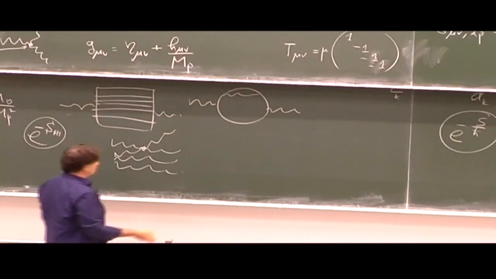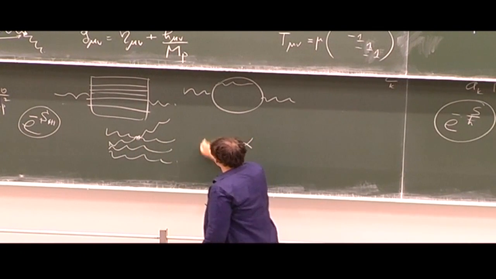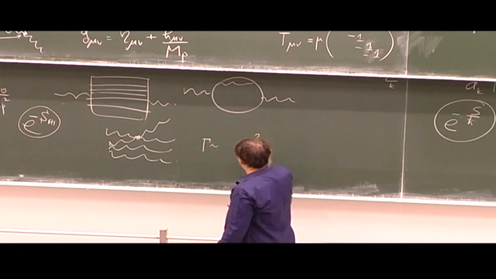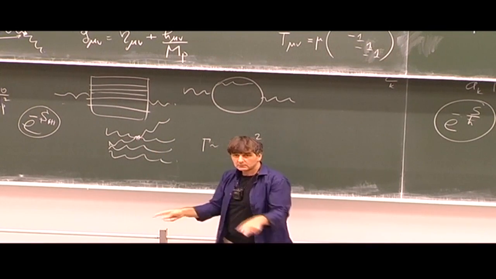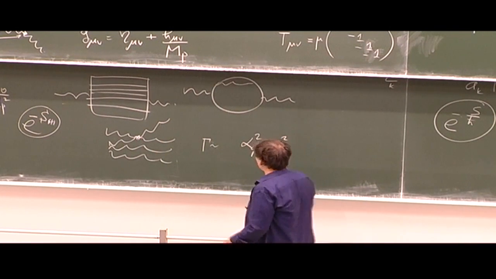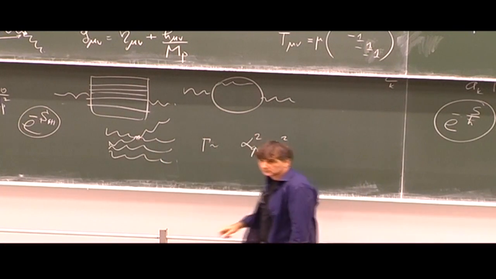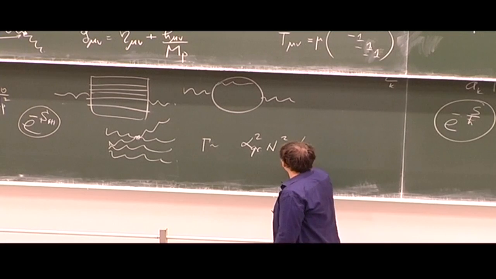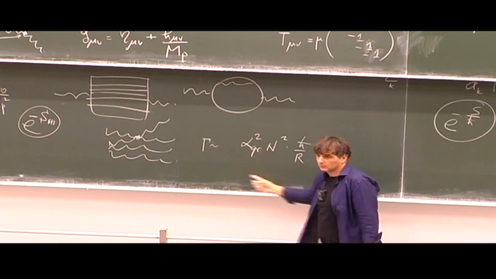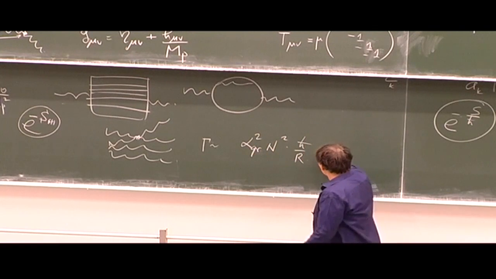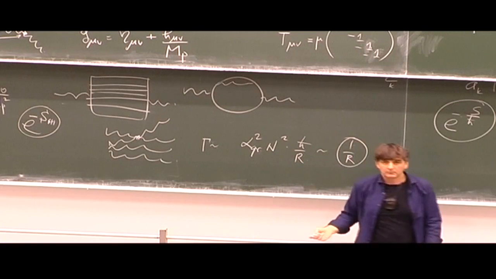This rate is controlled by alpha, so the rate of emission goes like alpha squared, gravity, times the number of pairs, which scales as n squared, and times a typical momentum transfer in this process, which is of course given by h bar over r. That's the emission rate, and this is 1 over r. This is precisely the Hawking emission rate.